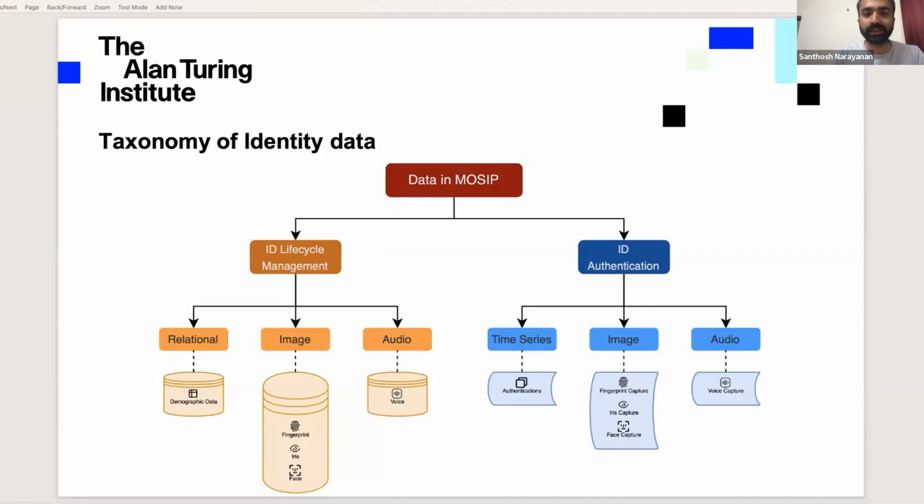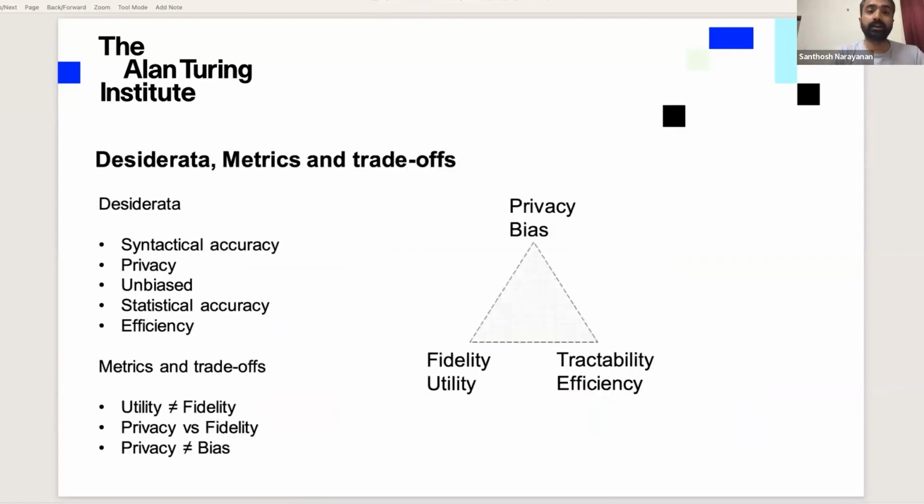So overall, from a purely data perspective, I would say there are two kinds of data. There is tabular data and there is non-tabular data, which are basically the biometric information. So we want to generate all these kinds of data, right? So let's see what are the key considerations we need to have while generating synthetic data for ID systems.